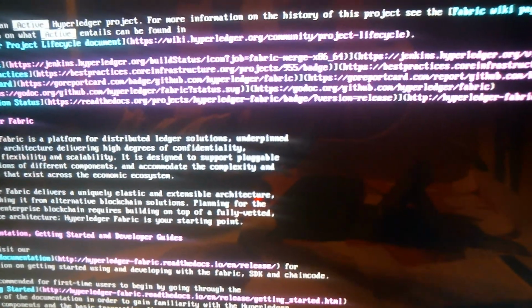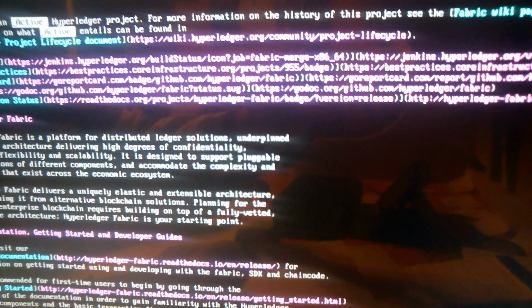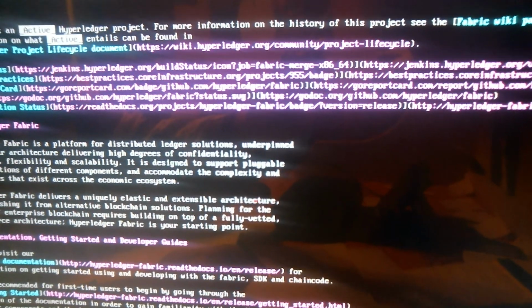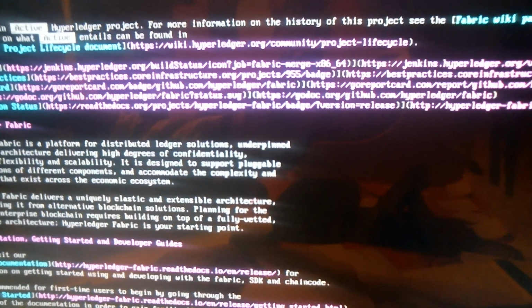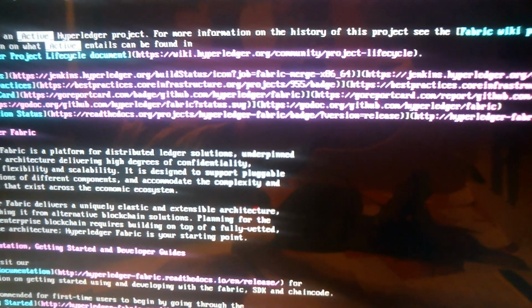Hyperledger Fabric is a platform for distributed ledger solutions underpinned by a modular architecture delivering high degrees of confidentiality, resiliency, flexibility, and scalability. It is designed to support pluggable implementations of different components and accommodate the complexity and intricacies that exist across the economic ecosystem.